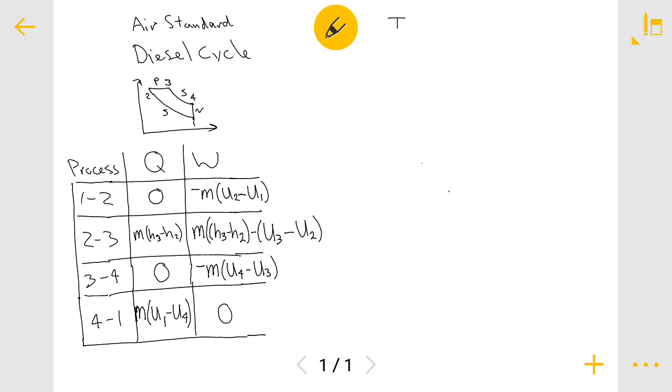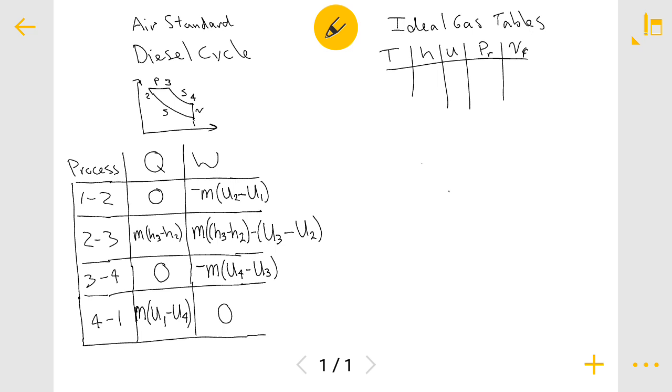If you look at the ideal gas tables for air, you'll notice that there's a column for temperature, and then we have enthalpy, specific internal energy, and then we have the relative pressure and relative specific volume. And all these things can be found if we know the temperature, or vice versa.